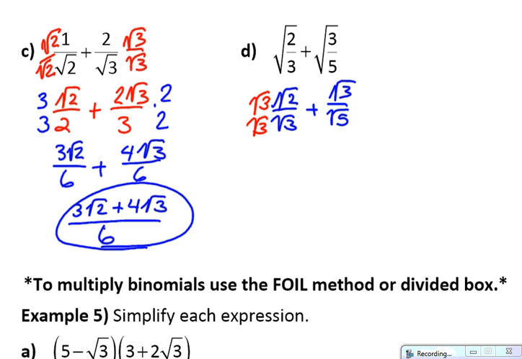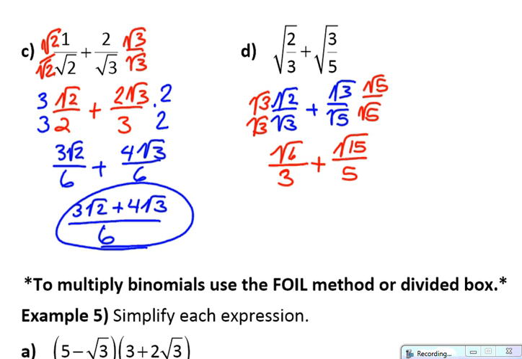Inside times inside on this one, it gives me square root of 6. And the denominator, square root of 3 times square root of 3 is 3. Then plus over here, radical 5, clever 1. And that gives me, again, inside times inside, the square root of 15 over 5.